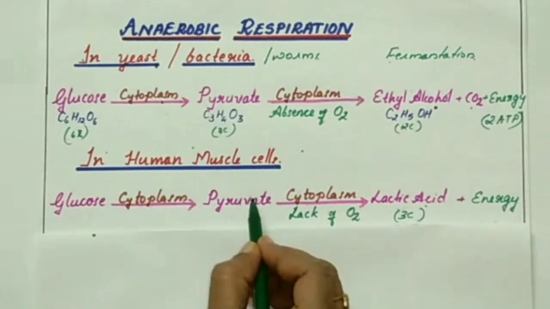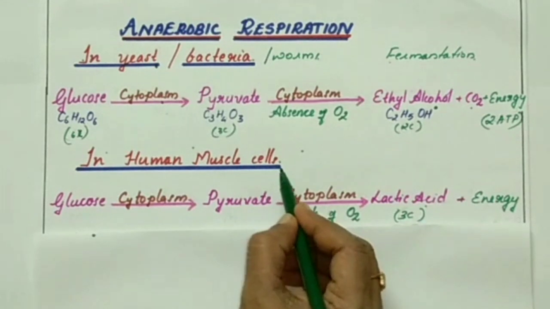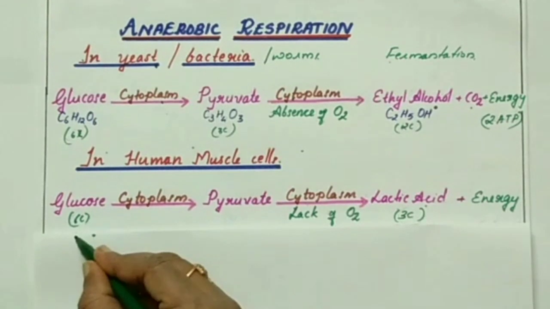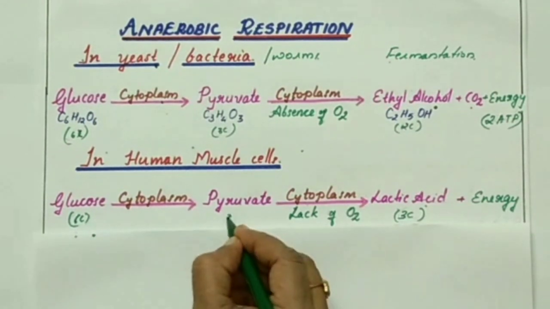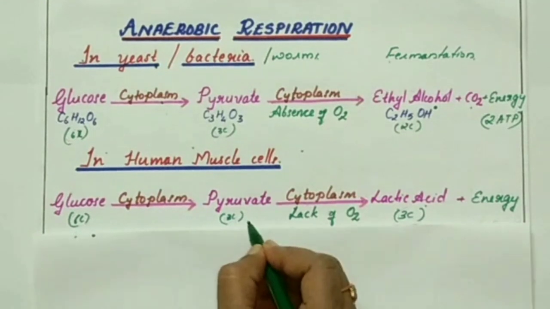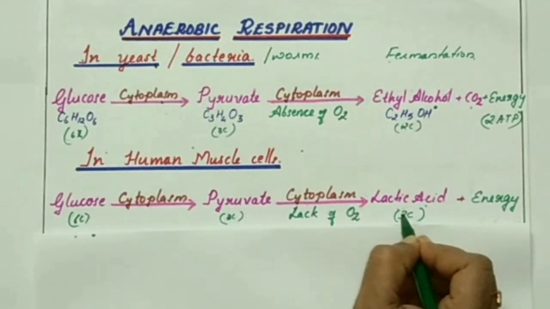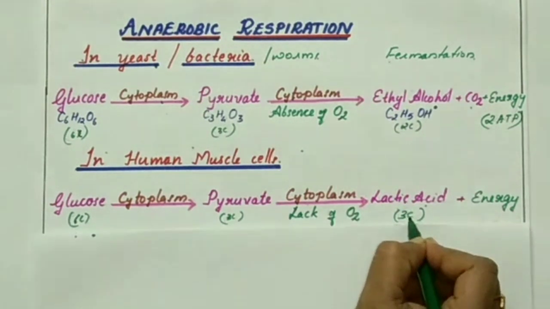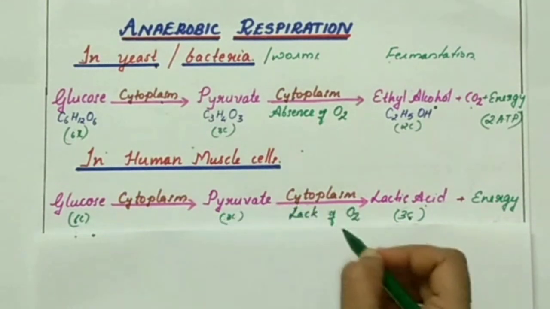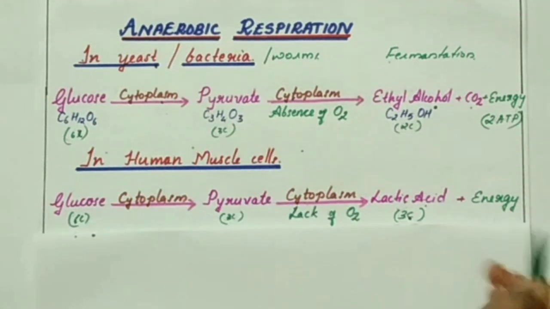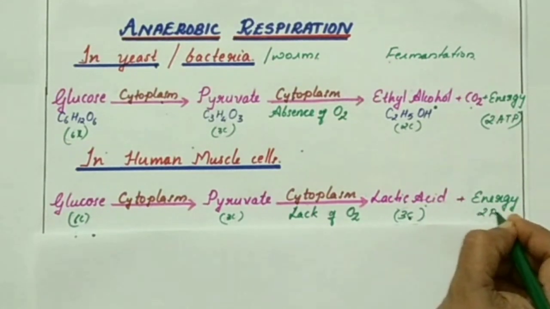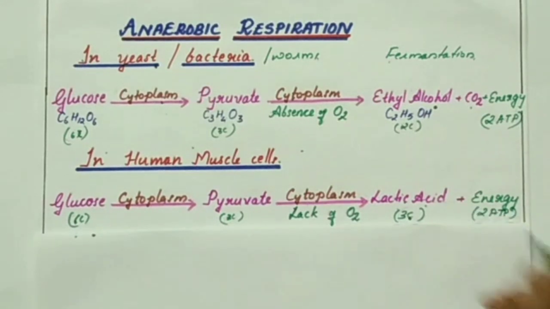So in human muscle cells, when more energy is needed, the 6-carbon compound glucose is converted into pyruvate, a 3-carbon compound, and in the cytoplasm itself the pyruvate is broken down into lactic acid, a 3-carbon compound. Here also pyruvate is not completely broken down, and only some amount of energy is released, that is 2 ATP molecules. Very little energy is released.